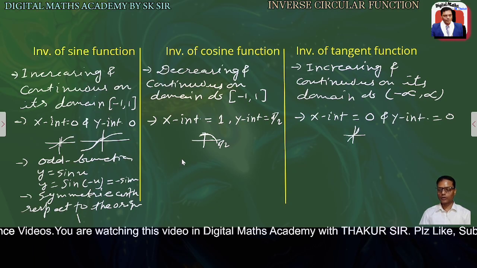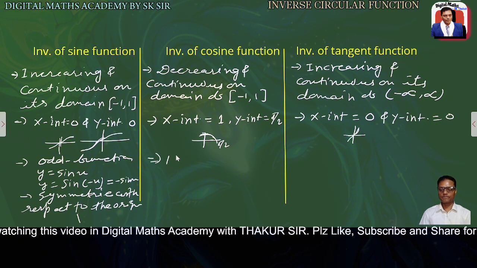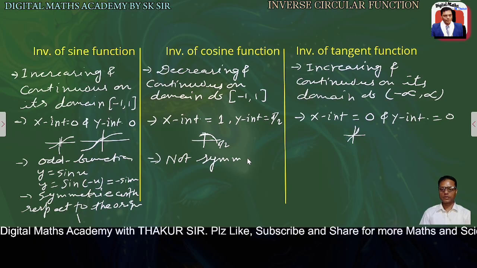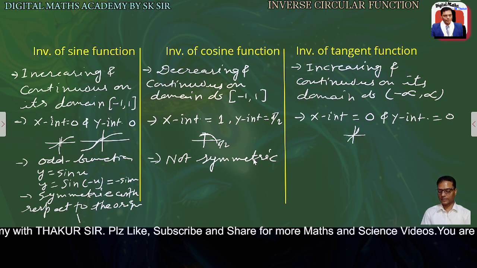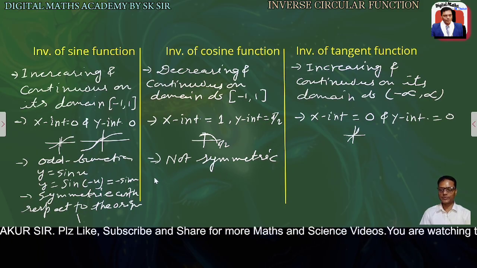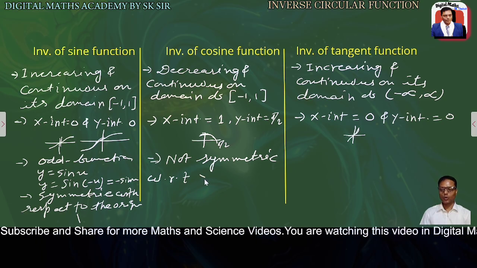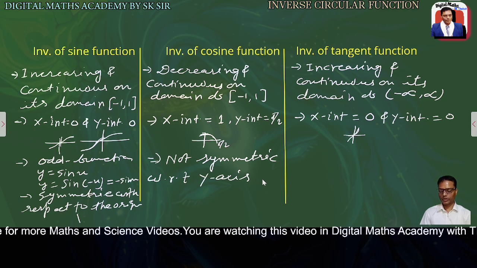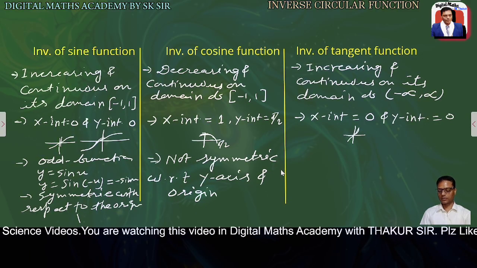And in the case of the cosine function, it's not symmetric, because the left side and right side are not equal. It's not symmetric with respect to the y-axis or the origin.